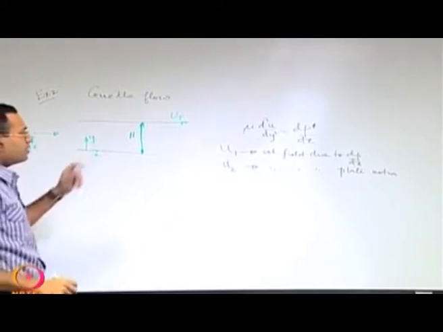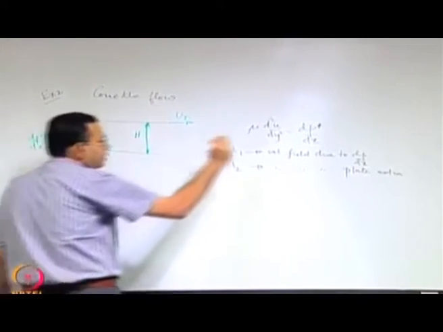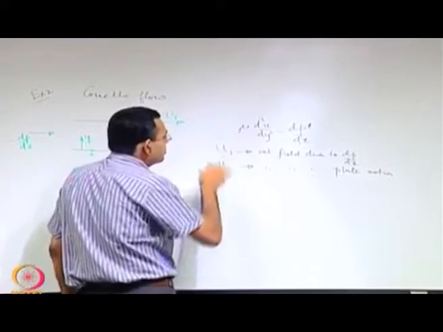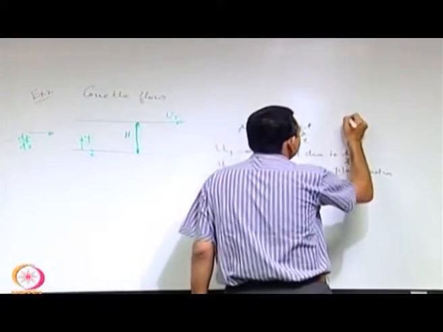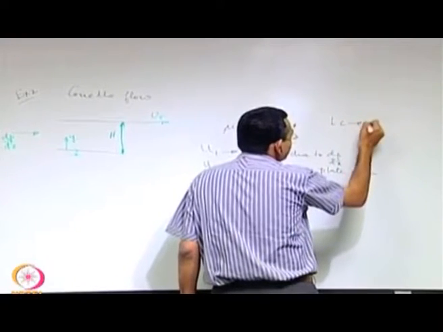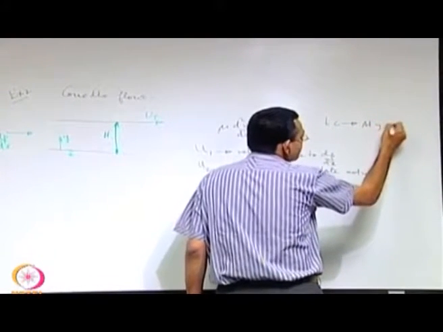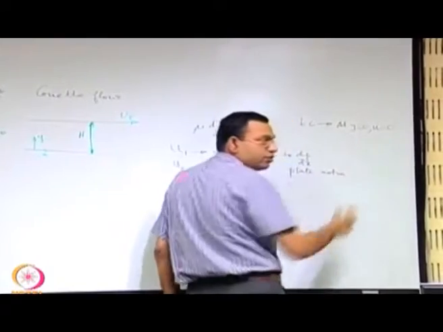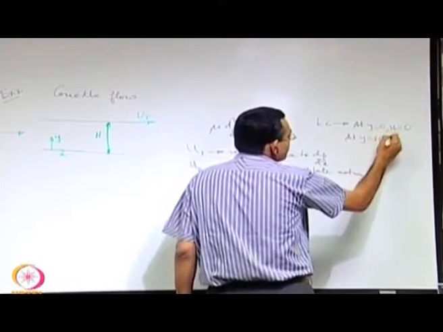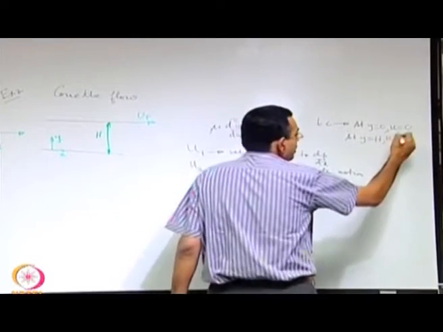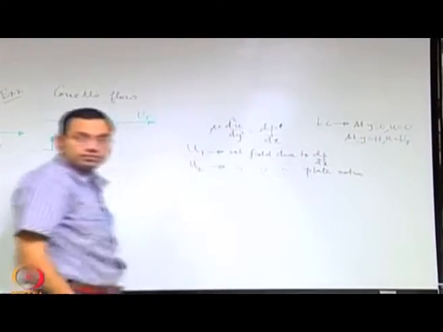Let us write the governing equation and boundary conditions for u1 and u2. On u, the original boundary conditions are: at y equal to 0, u equal to 0 by no slip; at y equal to h, u equal to ut, which is also by the no slip boundary condition.